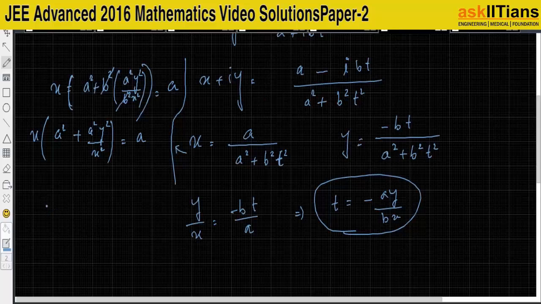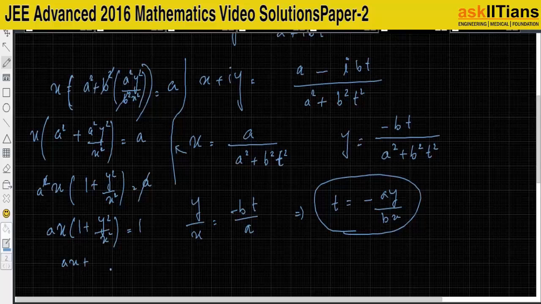I can take a square common, so I'll get a times 1 plus y square by x square equal to 1. So a will get cancelled, and taking LCM, I'll get y square plus x square equal to x square, and x will get cancelled, so I'll just write x.